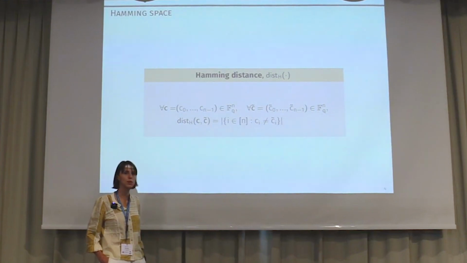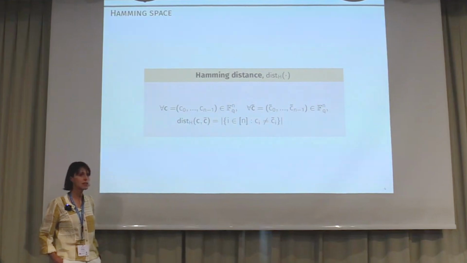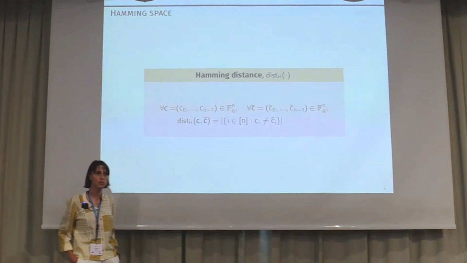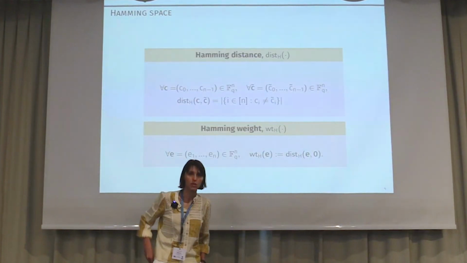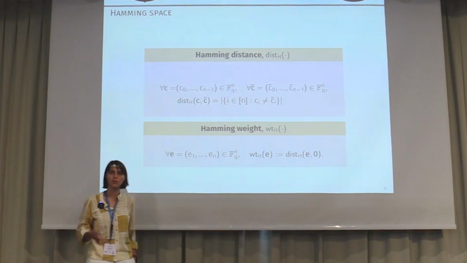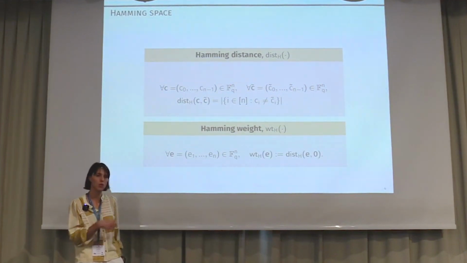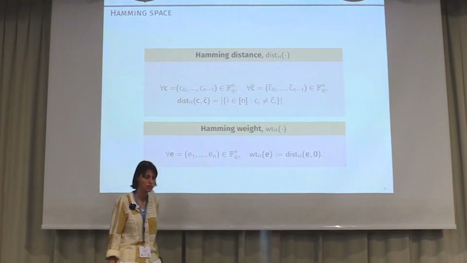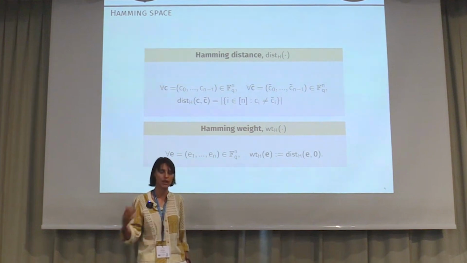The Hamming distance between two vectors, in this case C and C tilde, is defined as the number of positions in which these two vectors differ. From that, we can also derive the definition of the Hamming weight, which is basically the distance between the error vector, or any vector, and the origin of the space. Equivalently, you just count the number of non-zero positions in your vector.